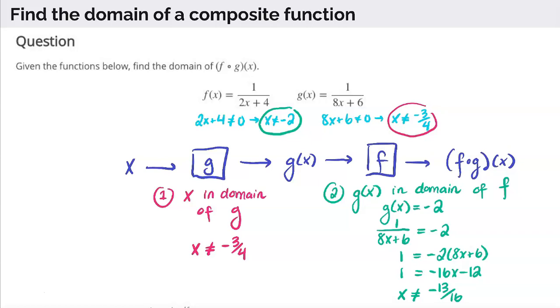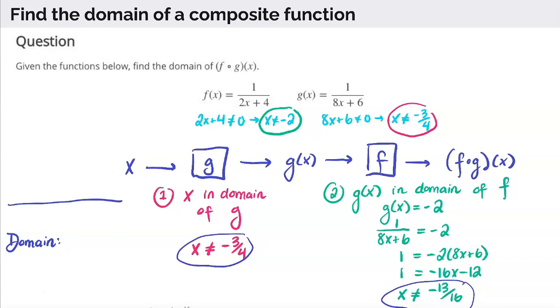And so remember, to construct our final domain, we have to respect both of those restrictions. If we were trying to write this in interval notation, we would have to maybe picture a diagram here. This is saying that x can't be equal to negative 13 over 16, and it also can't be equal to negative 3 over 4.